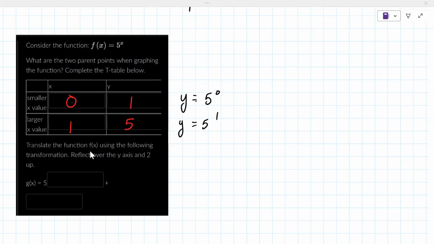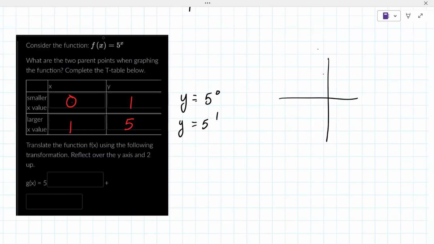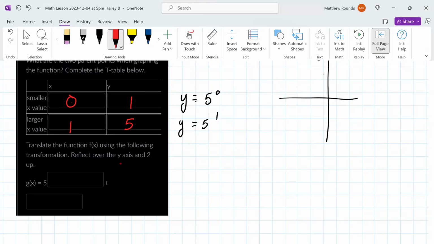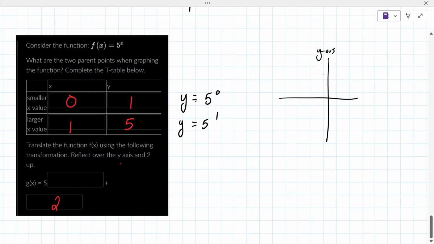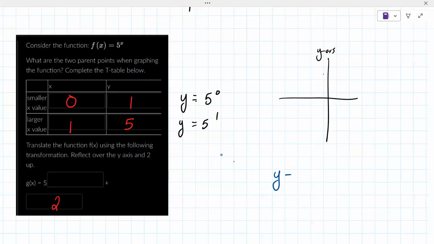where it says translate the function using the following transformations. Reflect over the y-axis, so that's the vertical. And then 2 units up. So the 2 units up is probably the easier, it becomes +2. I don't know how to say it, but the y-axis transformation is that x goes to -x.